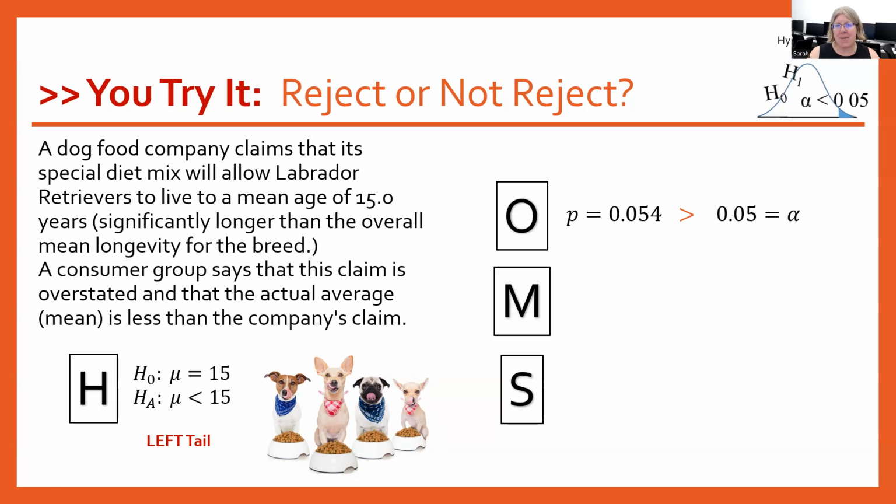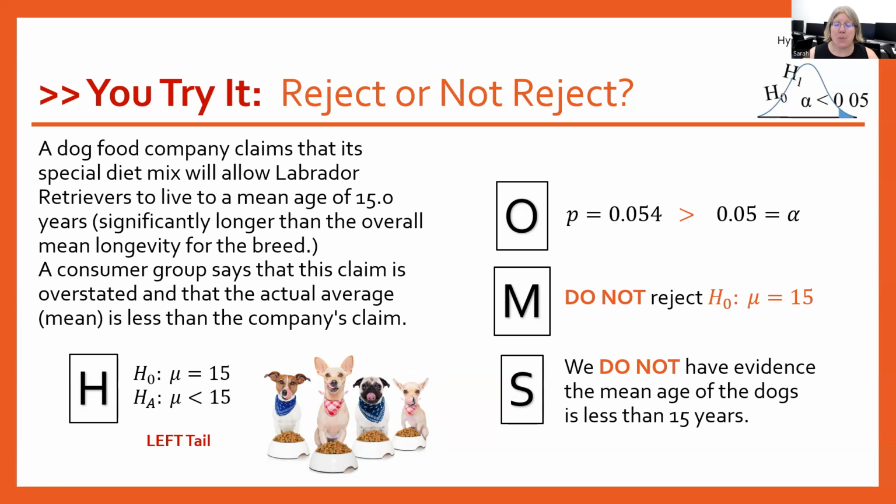And here my p-value is 5.4%. So that's just slightly bigger than our 5% alpha. And it doesn't matter if it's slightly bigger or fantastically bigger, it's still bigger than alpha. So we do not reject the null hypothesis. So in context of this problem, we do not have evidence the mean age of the dogs is less than 15 years.